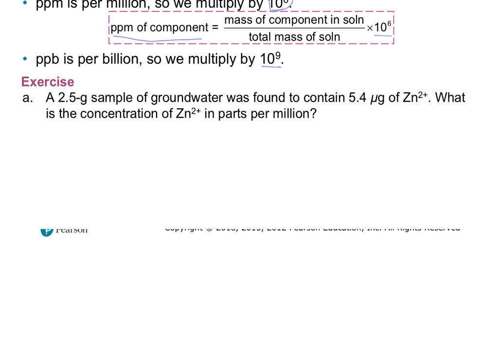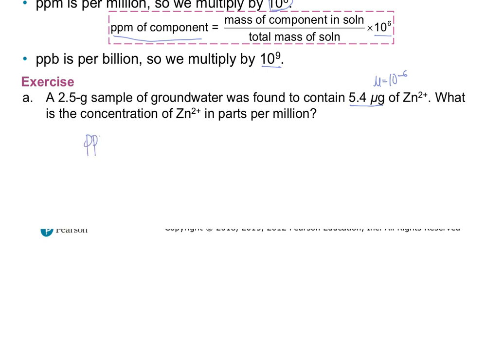So if I have a 2.5 gram sample of groundwater that was found to contain 5.4 micrograms of zinc. This micro means 10 to the negative 6. So it wants to know the concentration of zinc ions in parts per million.